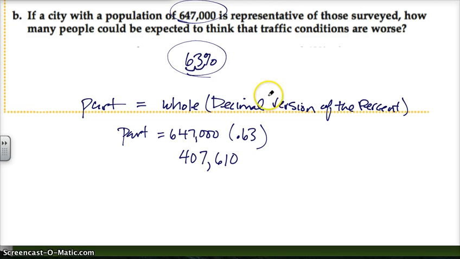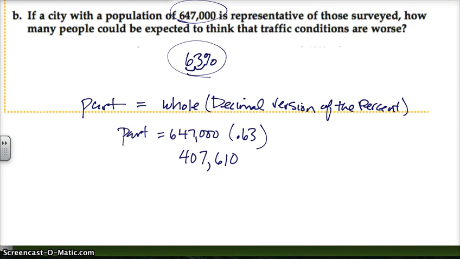Similarly, 407,610 is pretty large in comparison to 647,000, and same thing with 63% in comparison to 100. So you can feel a certain amount of confidence about your answer.